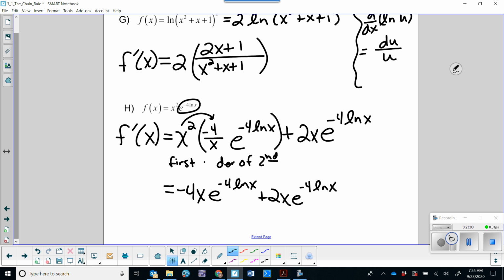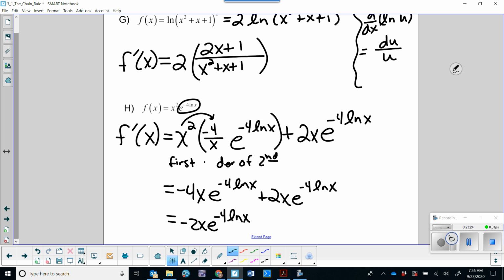Actually, I guess I could add those together now, though those are like terms. So I can go one more step in this problem by recognizing that that does add together. So that's going to be negative 2x e to the negative 4 ln of x.